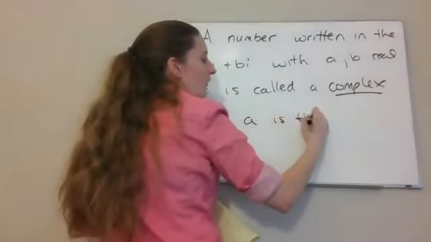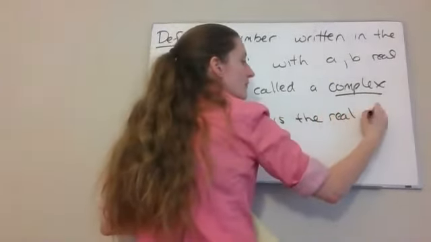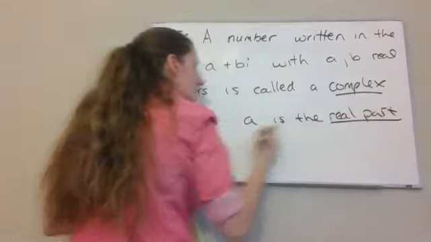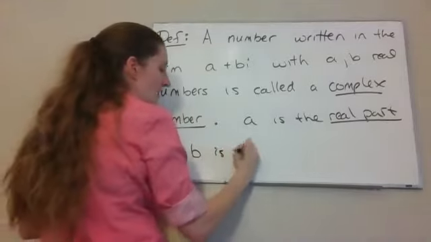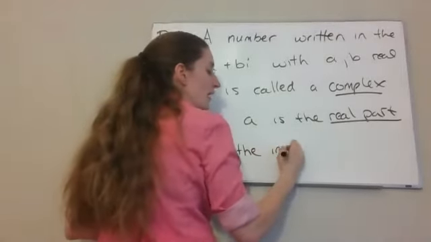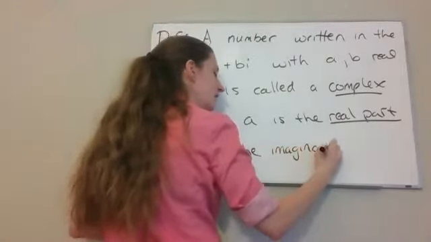A is called the real part, and that B is the imaginary part because it's multiplied by that i.